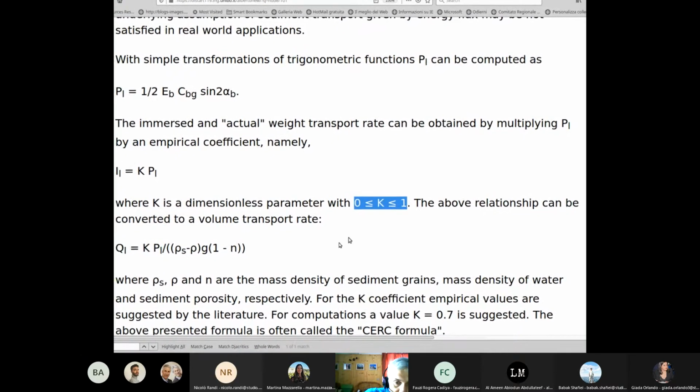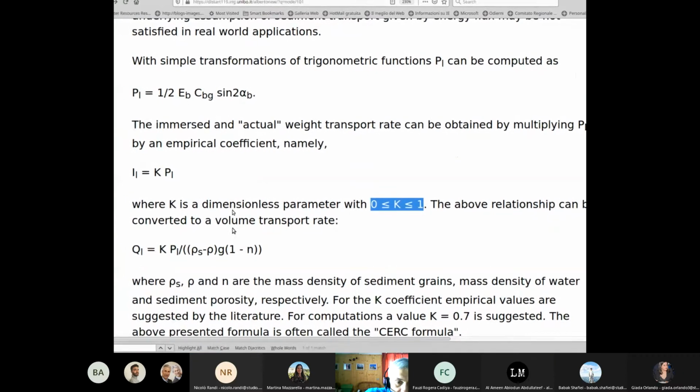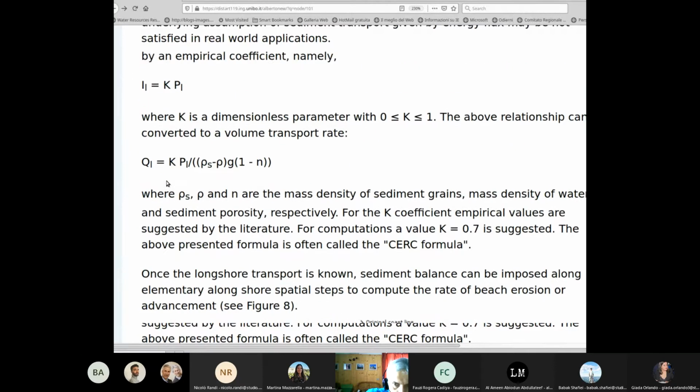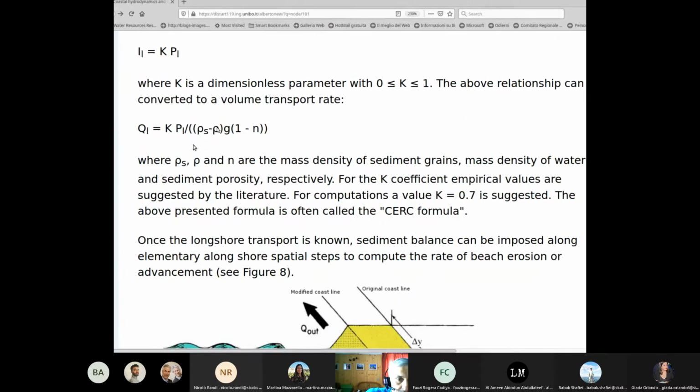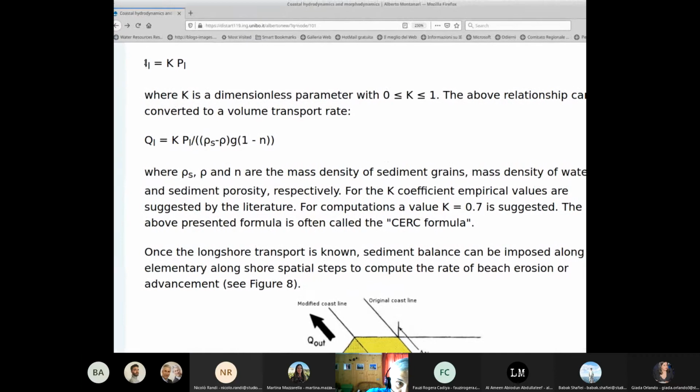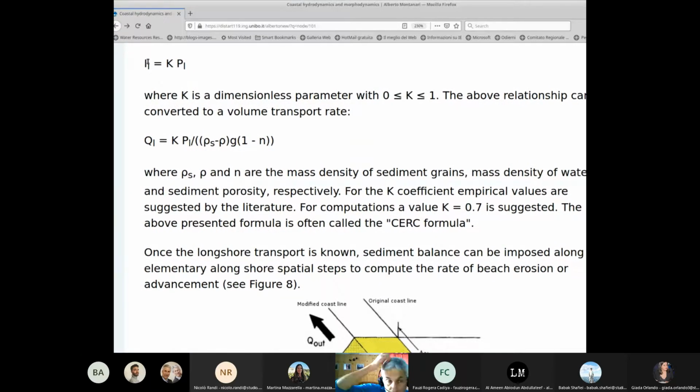Very good. What is the ideal K value? We will discuss later, okay? Now, again, keep in mind that PL is what we were looking for, but it's the transport rate in terms of weight of sediment, precisely, immersed weight, okay?